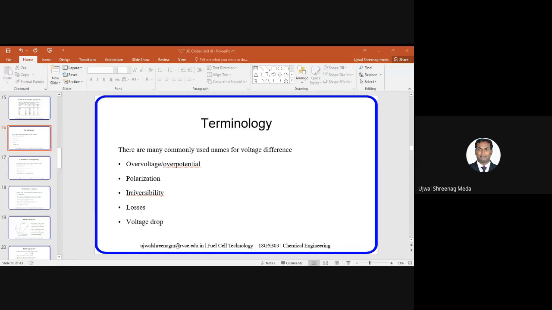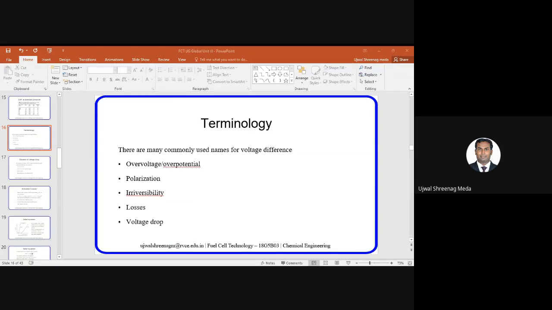Likewise, there are two efficiencies as well, the maximum possible efficiency and actual efficiency. Based on the theoretical maximum voltage, the maximum efficiency is calculated, and based on the actual voltage, the actual efficiency is calculated. To be more specific, there are different types of efficiencies as well: intrinsic maximum efficiency, voltaic efficiency, Faraday efficiency, and overall efficiency.